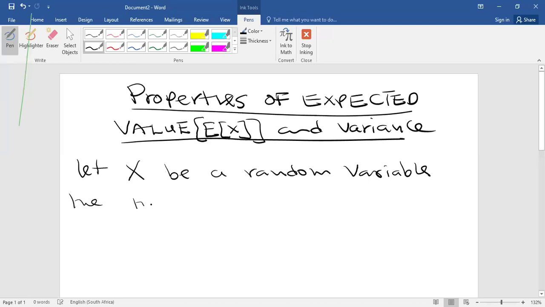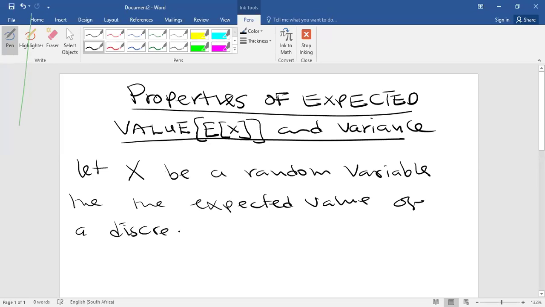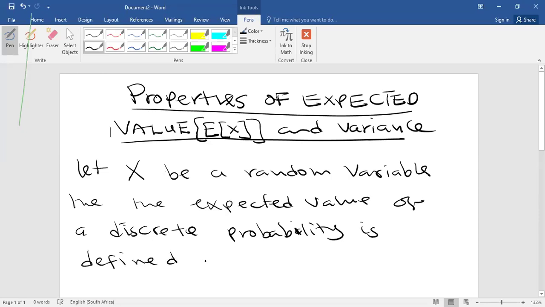Then the expected value of a discrete probability distribution is defined mathematically as follows.